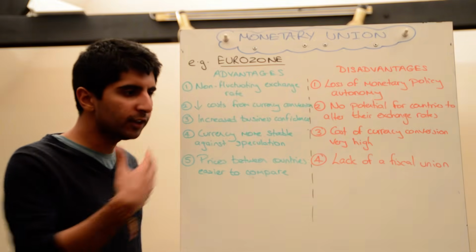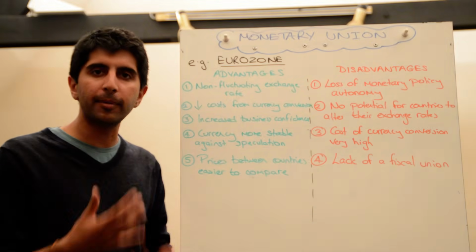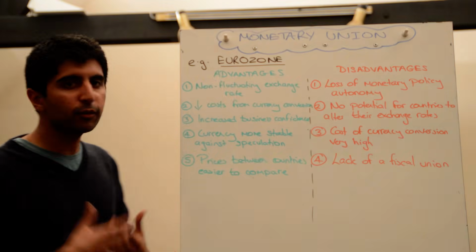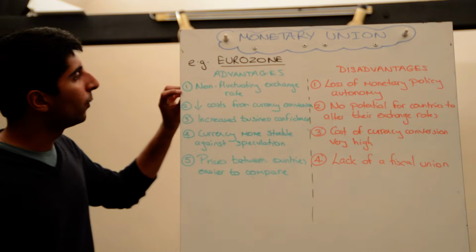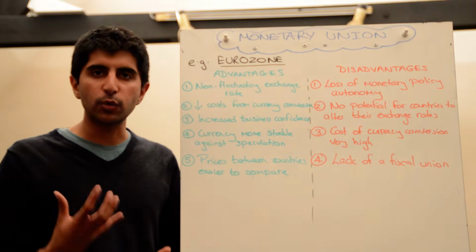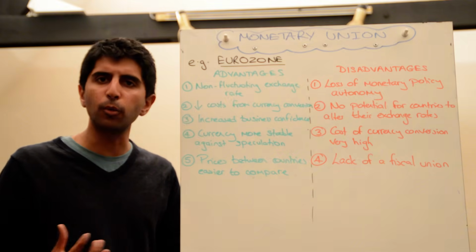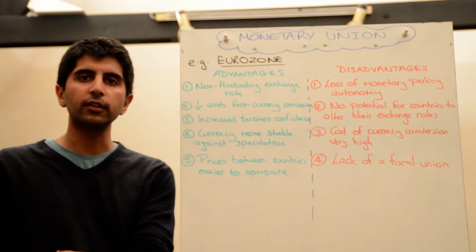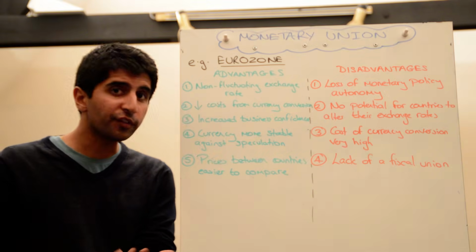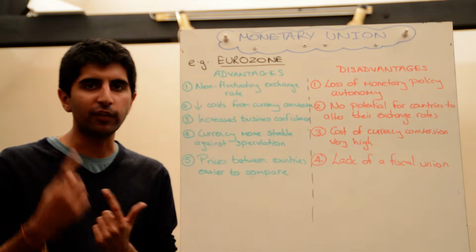So if the UK was looking to join the Eurozone, which it isn't, but hypothetically, if it was, what would be the reasons behind that move? Well, being part of a non-fluctuating exchange rate. This applies for smaller nations, really, who have got exchange rates that are quite soft and quite volatile.